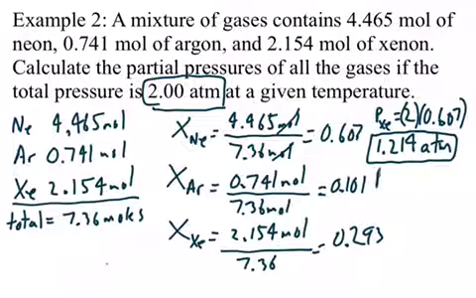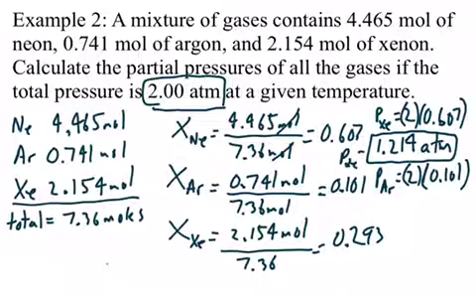Then to find the partial pressure of argon, you will do the same, okay? In this case, it's going to be the total pressure again, times the mole fraction, which is 0.101. Let me put a little parenthesis there. This is neon over here. Now we got argon over here. And that one's going to be 0.202 atms. I didn't have room to put the atms.